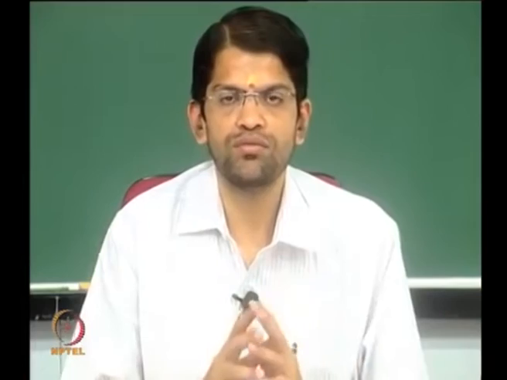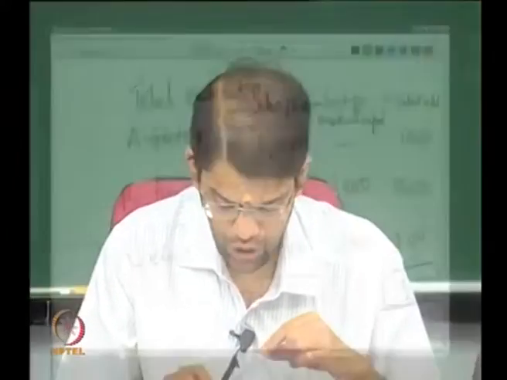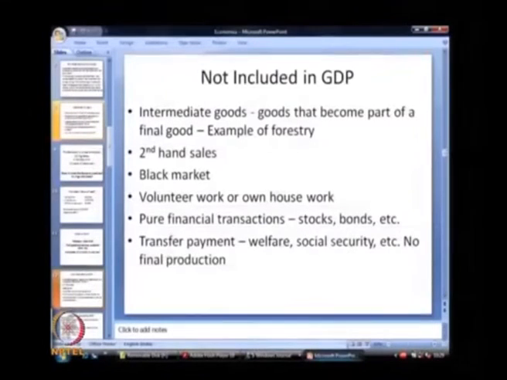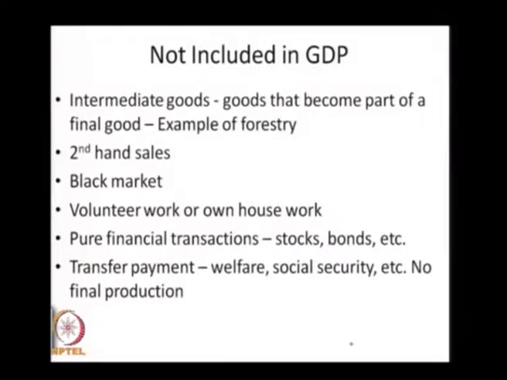Now it is very important for you to understand that the example I gave you just now is just for you to understand that intermediate goods should not be included in calculating the GDP of a country. Second hand sales should also not be included, because there is no value add in this.